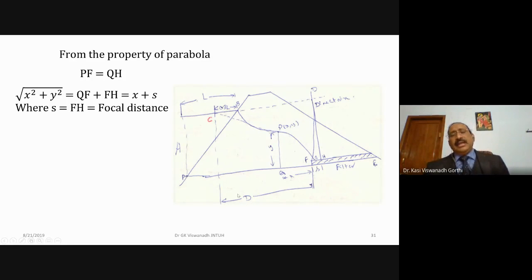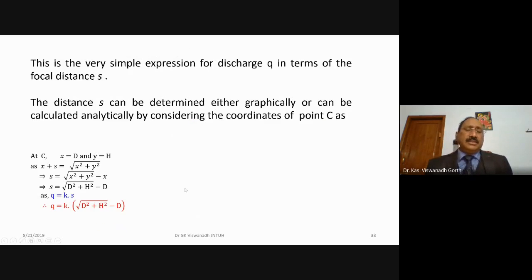So taking H and d in place of x and y and substituting in this equation, the focal distance S will be equal to square root of d square plus H square minus d. So Q is equal to K into S. Substitute the value of S here and you get the discharge. So analytically, you will be able to find the seepage rate through the body of the earth dam without the graphical method also.